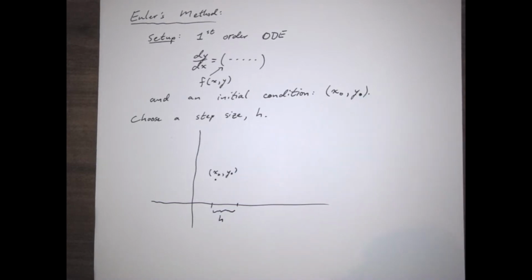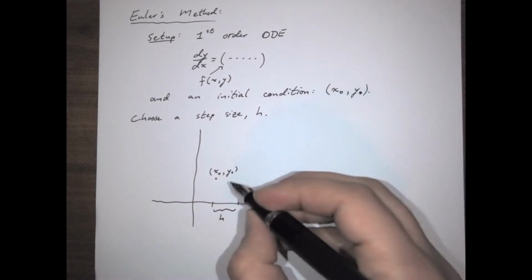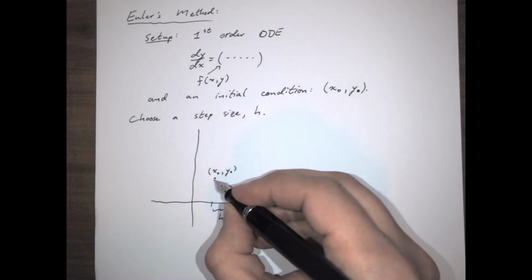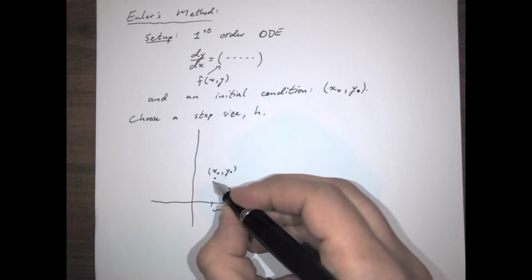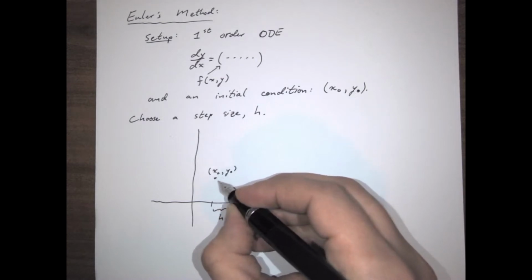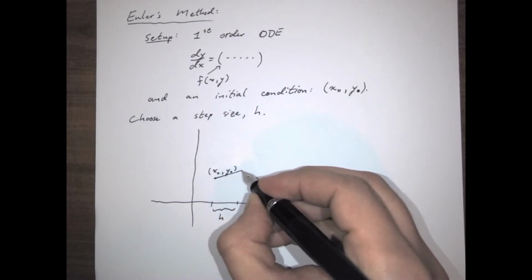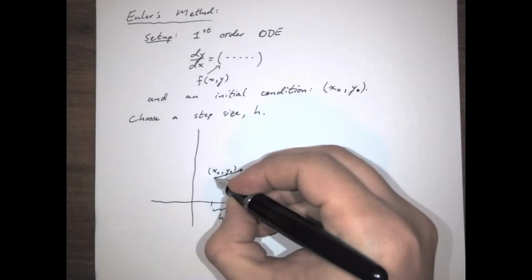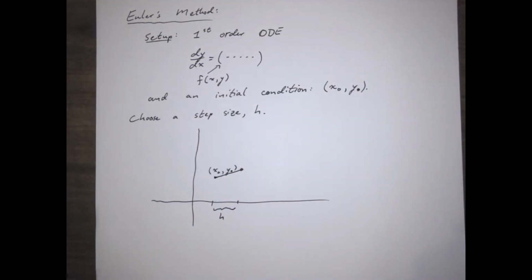The way we will make the line segment is by taking the slope that the differential equation tells us would be the slope at this point. So we just go like that. That would be the next point in our sequence of numerical values.